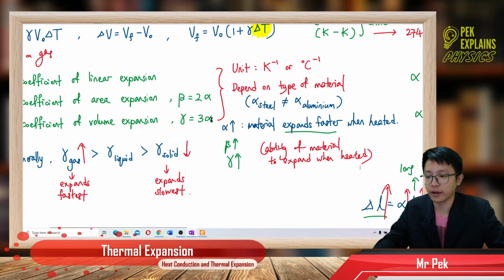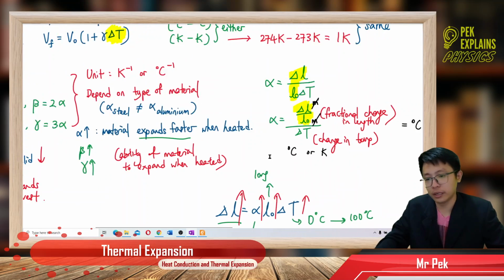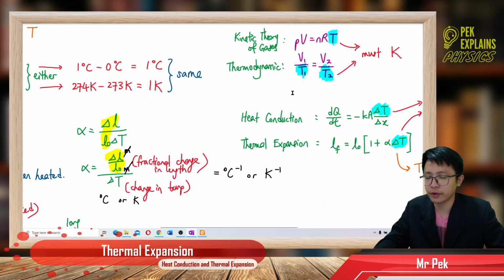That's the meaning of alpha, beta, gamma: ability of material to expand when heated. Okay, I think I've covered everything.